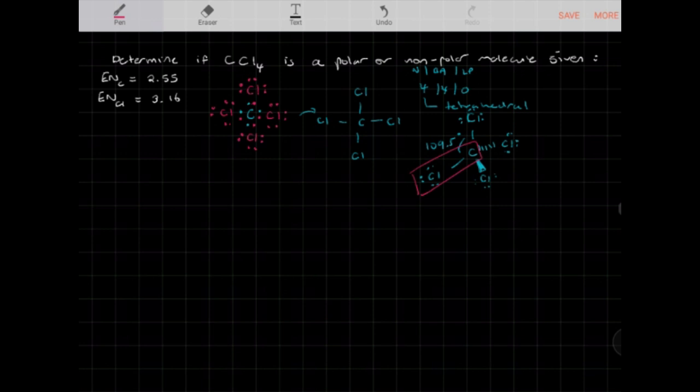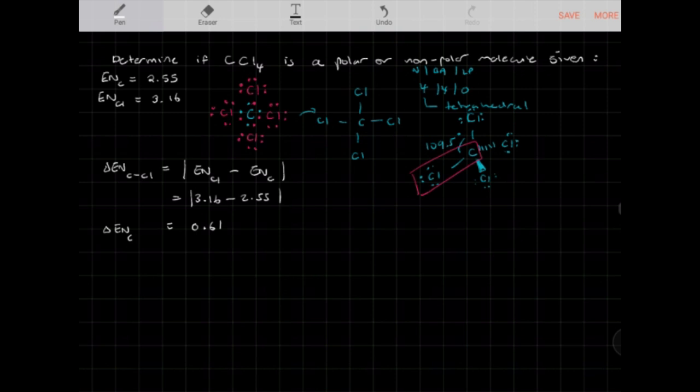The electronegativity difference of carbon to chlorine is the electronegativity of chlorine minus the electronegativity of carbon, which is 3.16 minus 2.55, and this gives us 0.61.